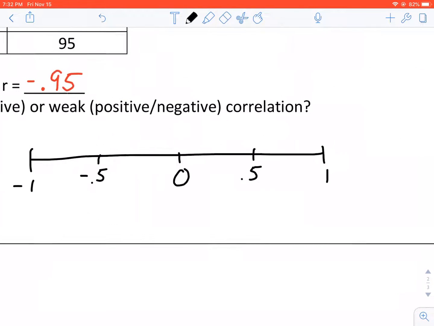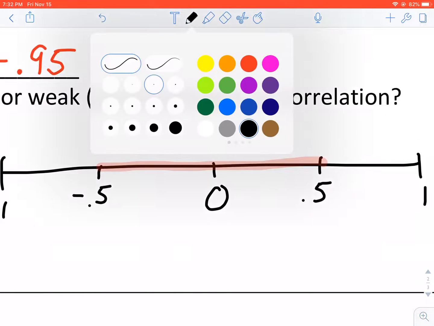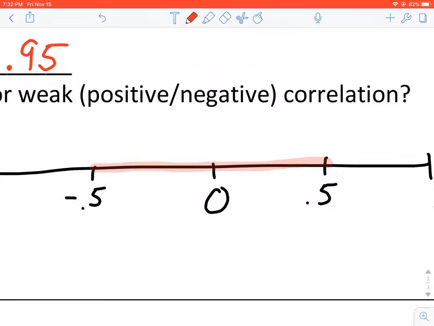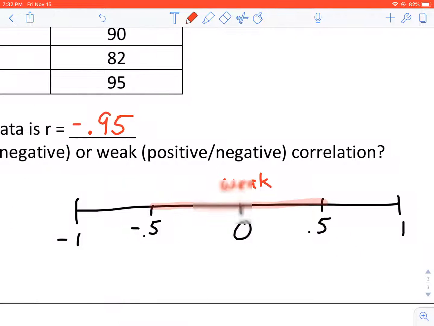So basically what I taught my students is that anything that falls within this middle section is called a weak correlation.